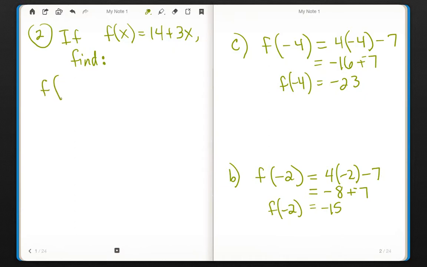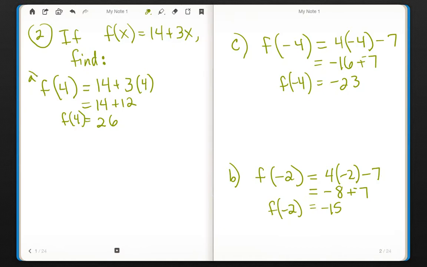So if we are asked to find f of 4, that's saying plug the 4 into this function for x. So we have 14 plus, instead of 3x, we do 3 times 4. It's your order of operations, 14 plus 12, so we get 26. That's what f of 4 is.